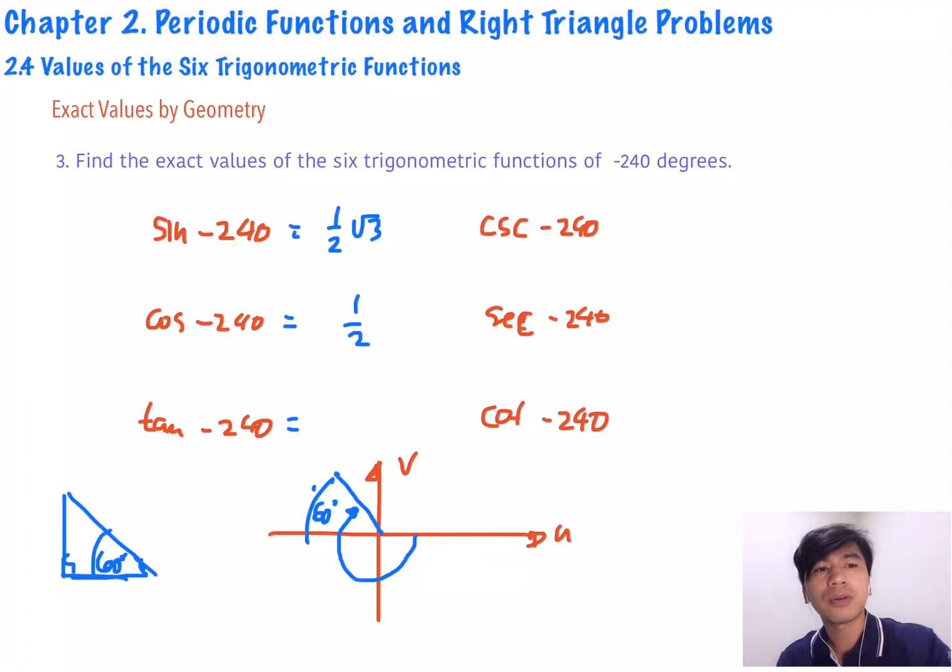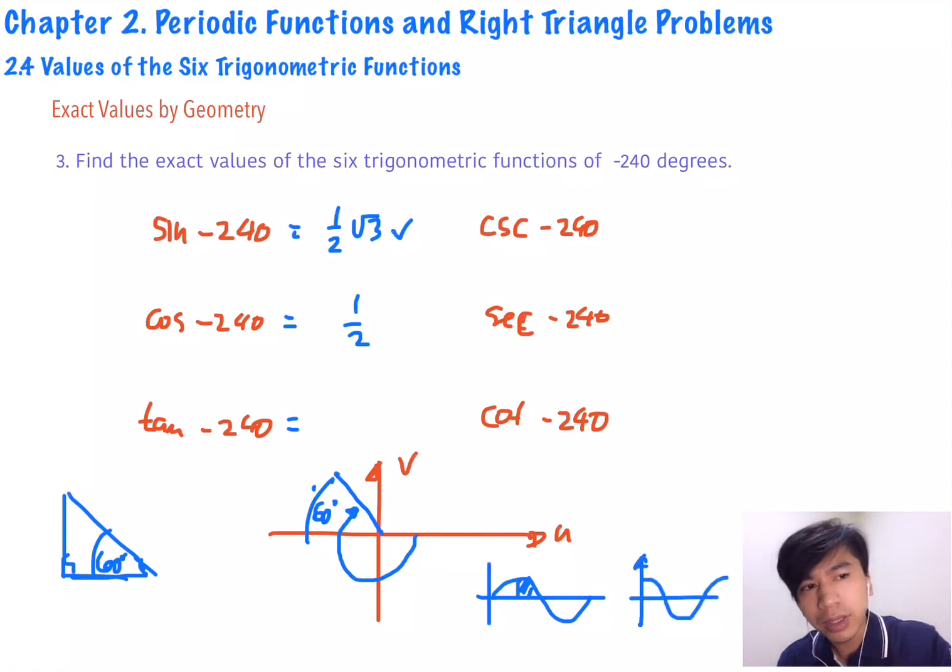For sine, on the second quadrant it will be positive, so this is true. But for the cosine, we have this kind of graph, right? On the second quadrant, it will be negative, so this one is supposed to be negative half. And then tangent of -240 degrees is just half square root of 3 divided by -half, so you'll get negative square root of 3.